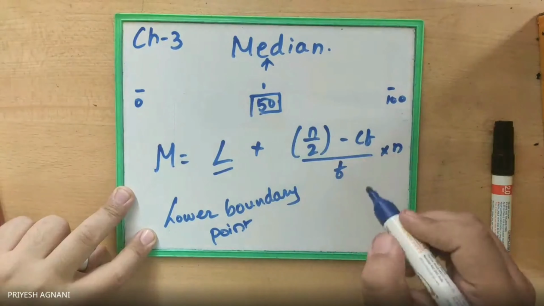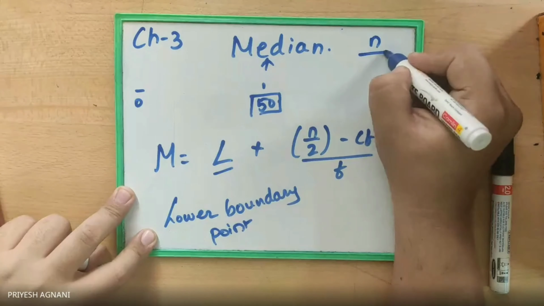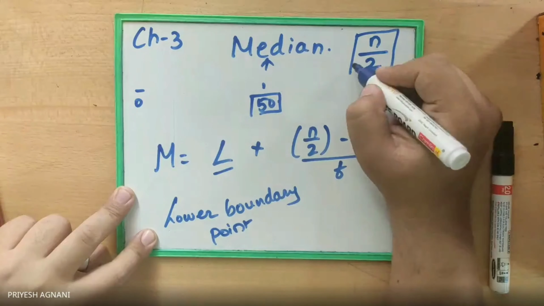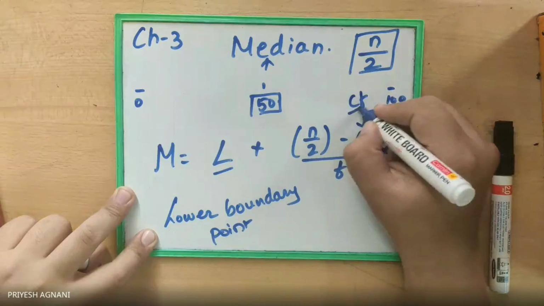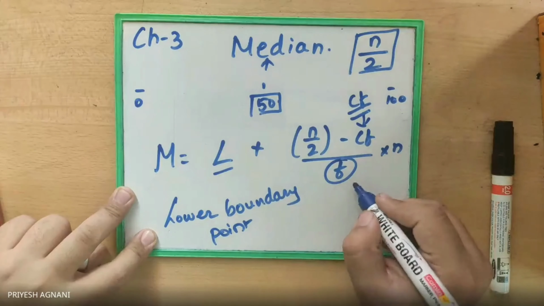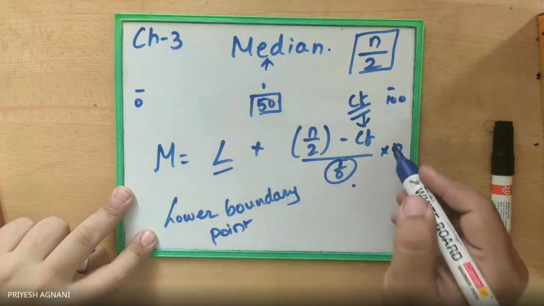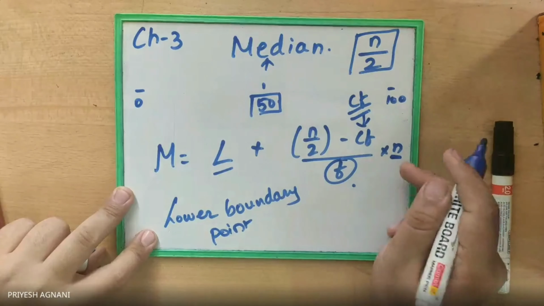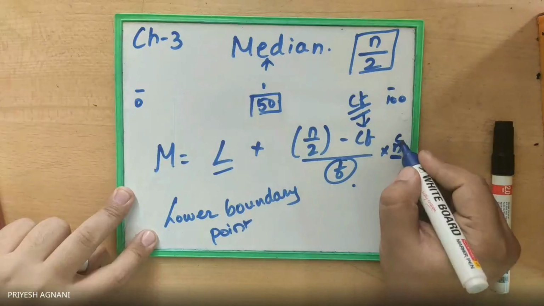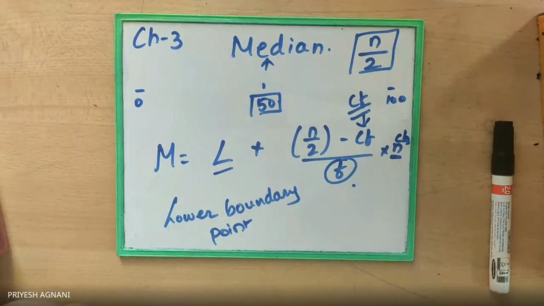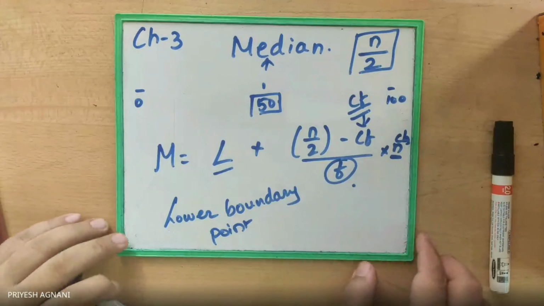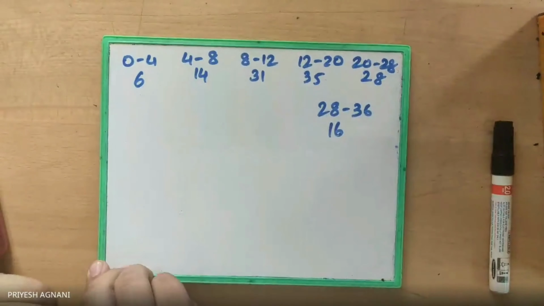N by 2 is the total number of observations divided by 2. CF is the cumulative frequency. F is the frequency of that median class. C is the class length of that particular class.